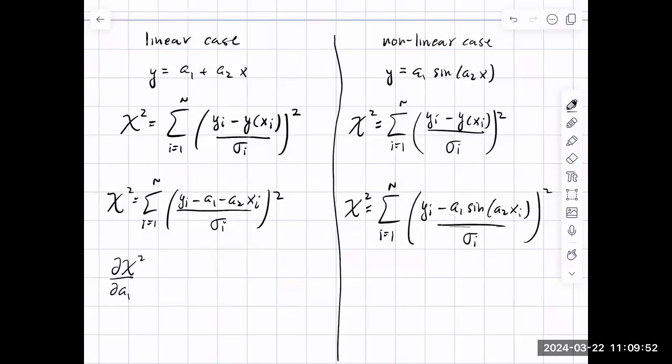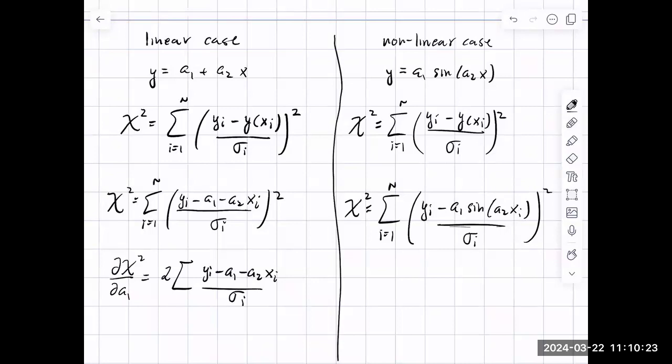If we do the A1 derivative here, a factor of 2 comes down. So we have 2 times the sum of y_i minus A1 minus A2 x_i, divided by sigma_i.